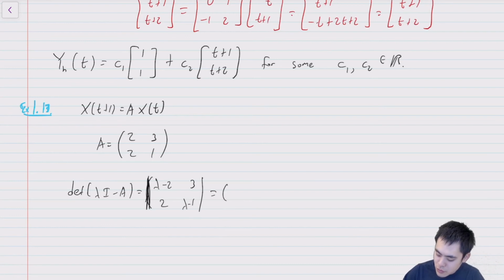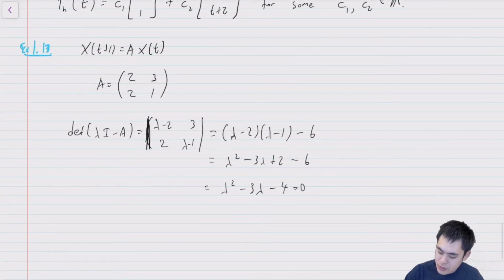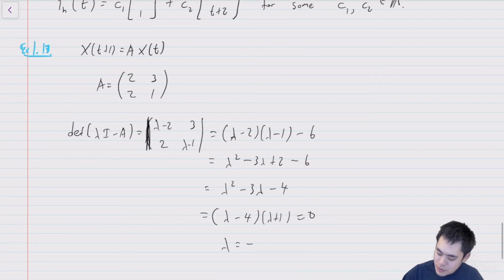That equals (lambda minus 2)(lambda minus 1) minus 6, which is lambda squared minus 3 lambda plus 2 minus 6, which is lambda squared minus 3 lambda minus 4 equals 0. We can factor this into (lambda minus 4)(lambda plus 1) equals 0. So lambda is equal to minus 1 and 4.